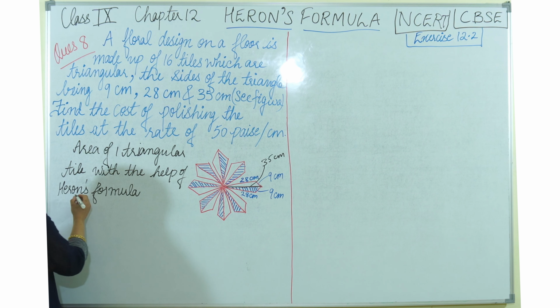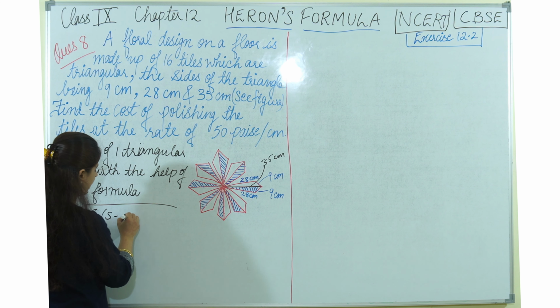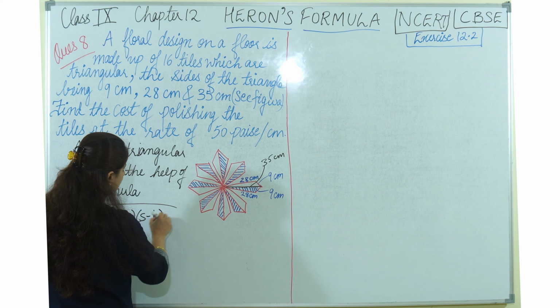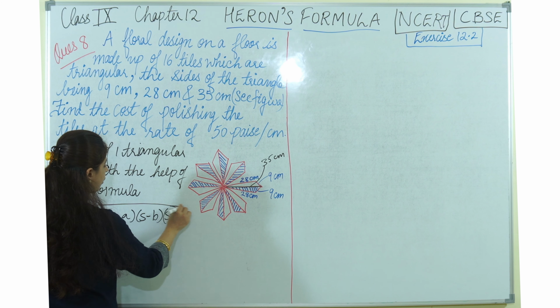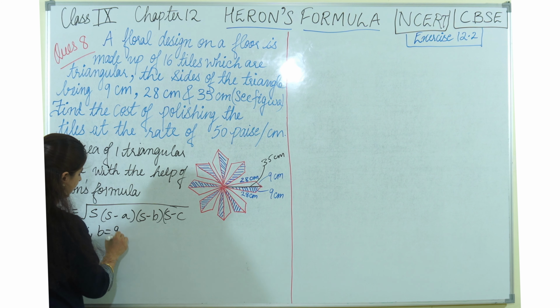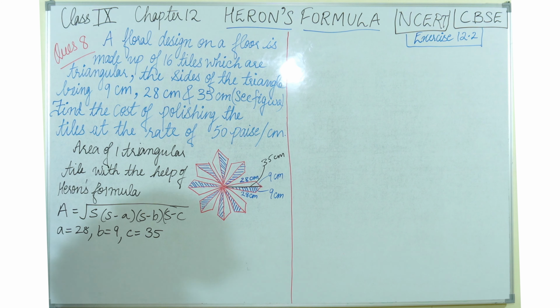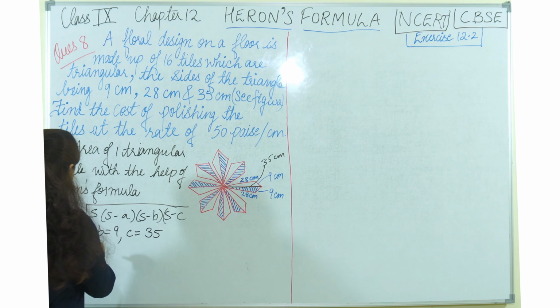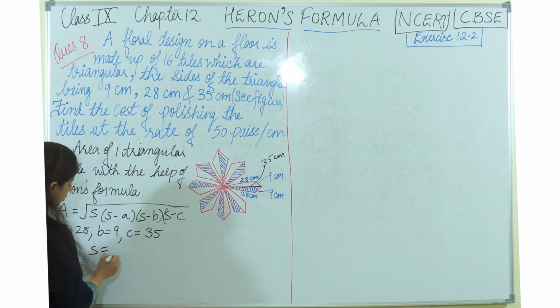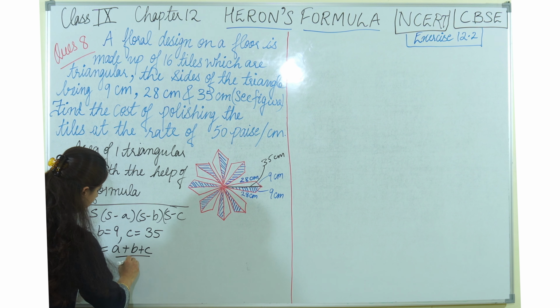Okay, so we already know the area is given by under root S minus A, S minus B, S minus C, where A is equal to 28, B is equal to 9 and C is equal to 35. So for that we need to find out the semi-perimeter first. Semi-perimeter is given by A plus B plus C by 2.